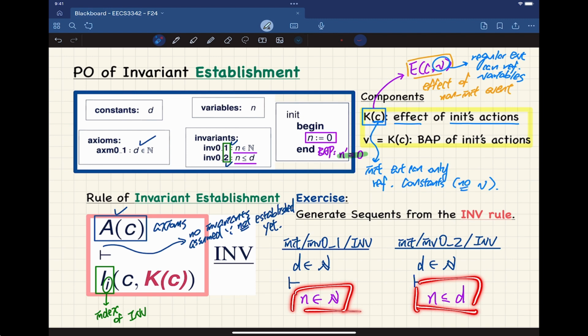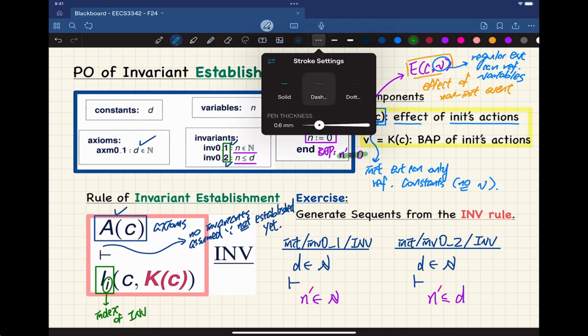Second step, we want to prime the variable. So make sure you prime that. So prime here and prime here. To say that the post state for n after the init event should be a member of natural number. And also the post state of n after the init action should be less than or equal to d. Almost done. And we know that the before-after predicate is n prime equals 0. That's something you want to do.